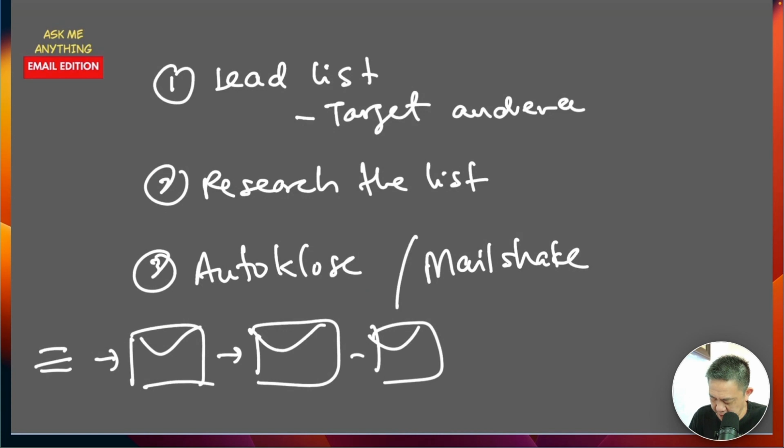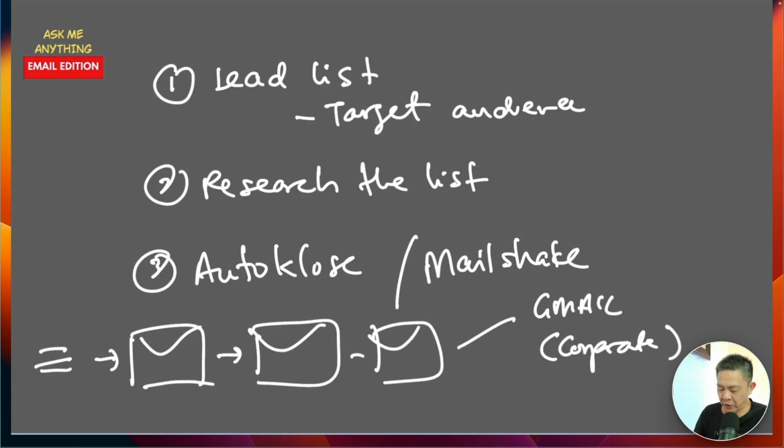And what it does is it will then schedule and send. In this case, you also need a Gmail account, a corporate or paid one, because it will be sent through this Gmail. It will not be sent through an ESP system. So that's the key difference between your common ESPs and tools like this.